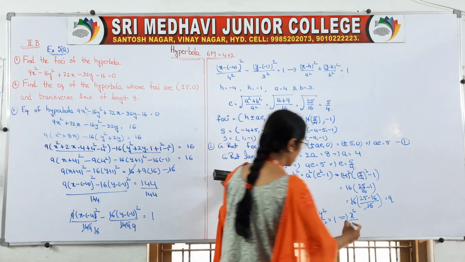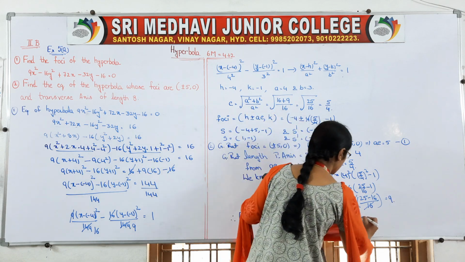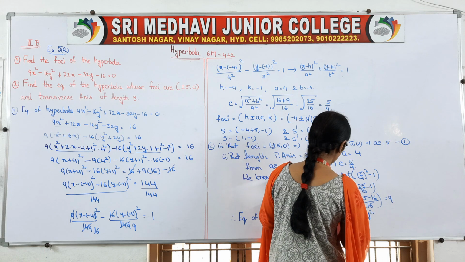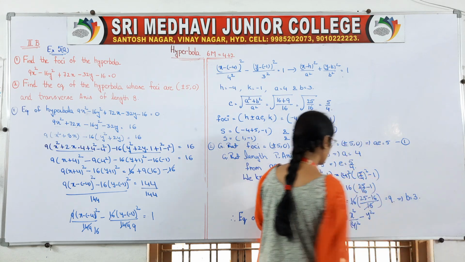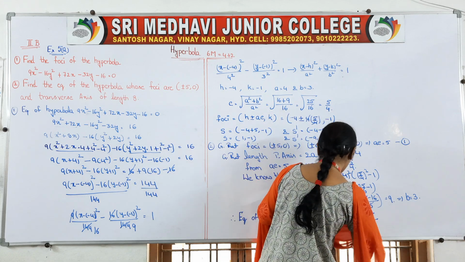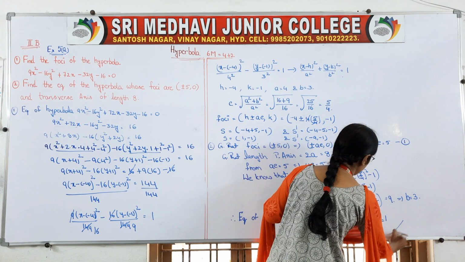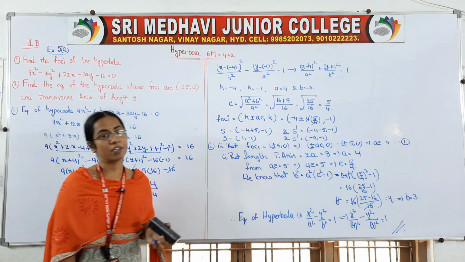It is 4, so a square means 4 square, minus y square by, you got b square is equal to 9, implies what will be your b? b is equal to 3. So y square by b square means 3 square is equal to 1 is the required hyperbola equation.